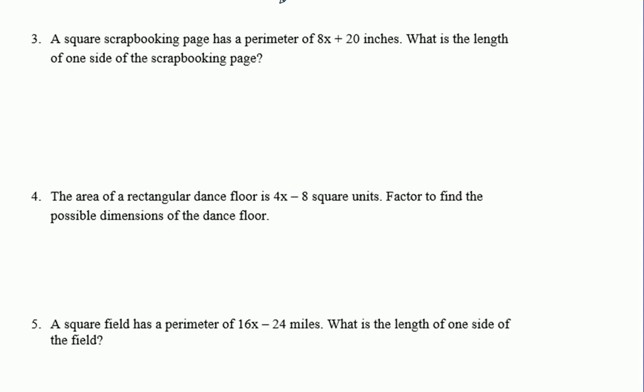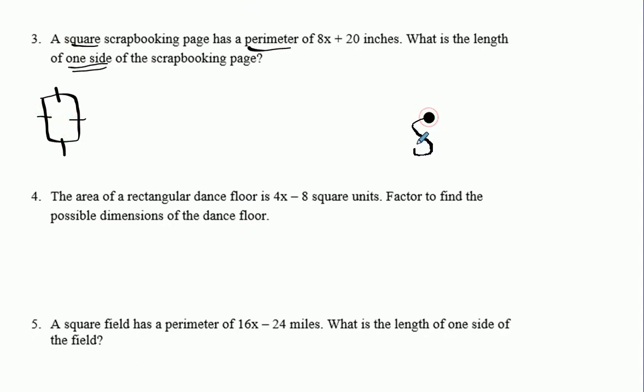Okay, if you're back, that means you're ready to go over these. So again, a square scrapbooking page has a perimeter of 8x plus 20 inches. What is the length of one side? So again, I want one side, or I want what is the length of each side. The thing I know about a square is that all the sides are exactly the same.